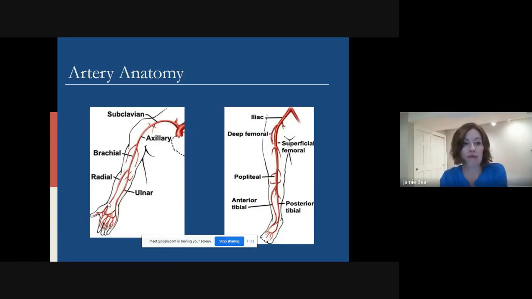And so if we are having a patient that's really sick due to shock or any type of low perfusion status, our radial artery will be harder to get a blood sample from. So we would have to move up to a more central artery, such as our brachial, or even our femoral artery.